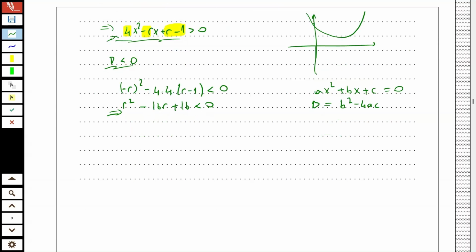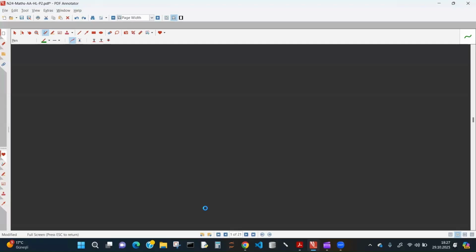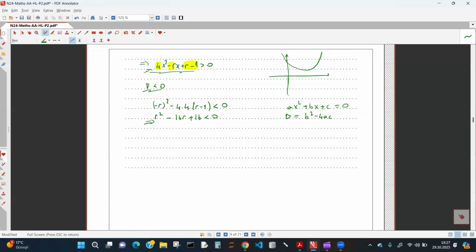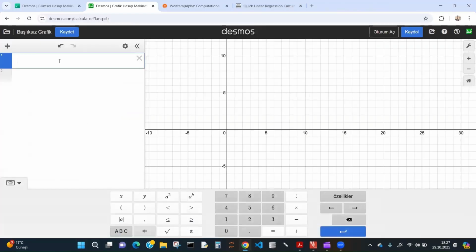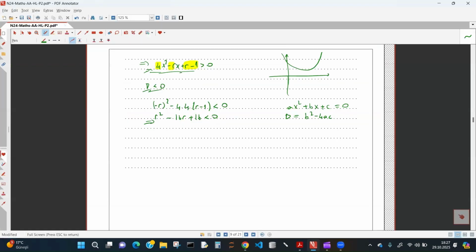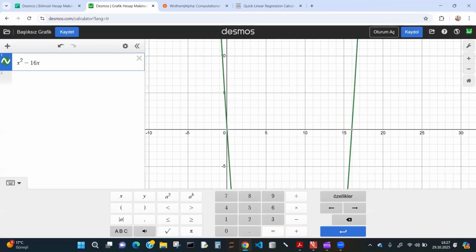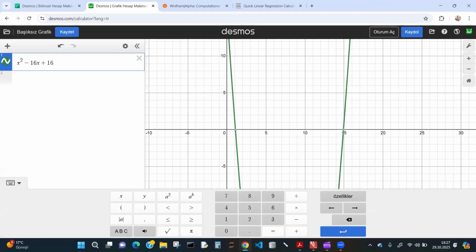Actually, we can also draw this by GDC. This is x squared minus 16x plus 16.